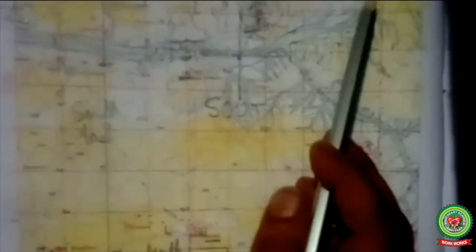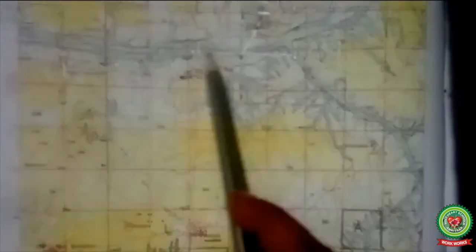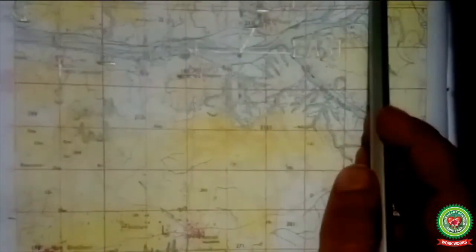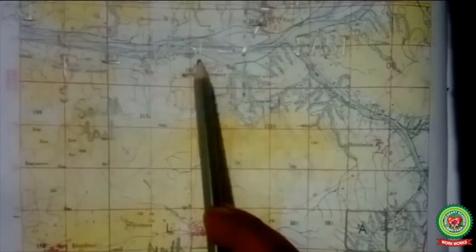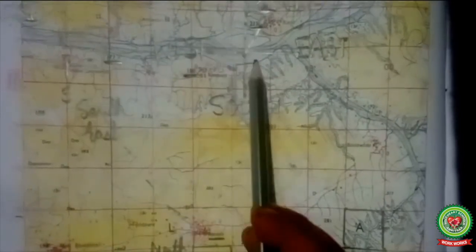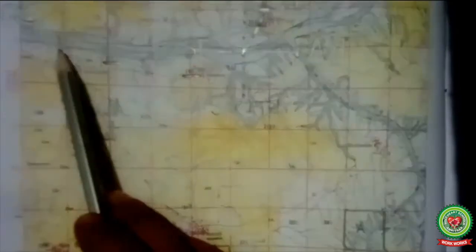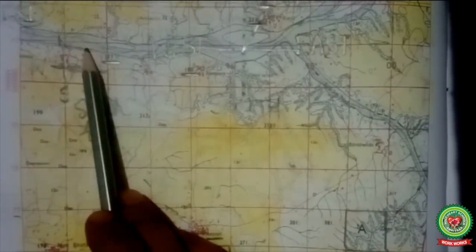Other than the dry streams, we have here the main river Banas. This river, as you can see, is speckled from inside. That is, we have black dots in this river, which shows that this is the river with the sandy bed.